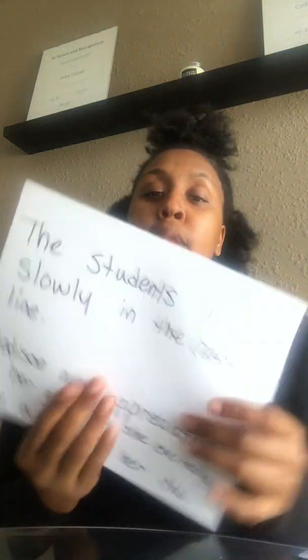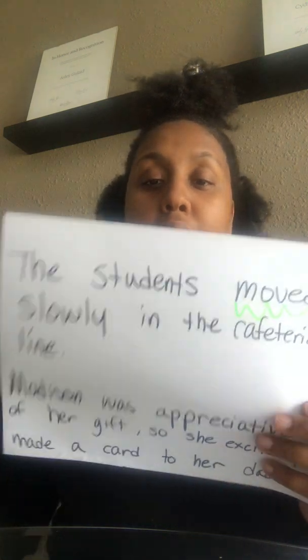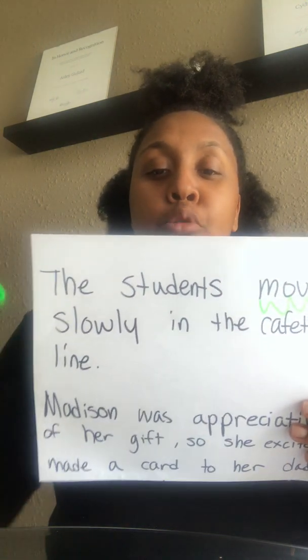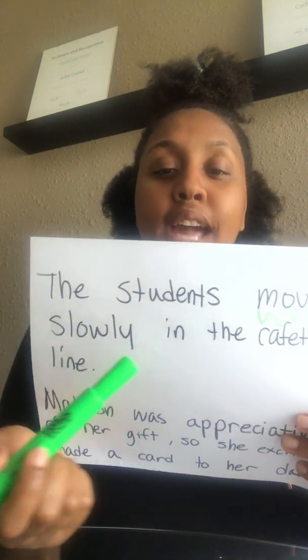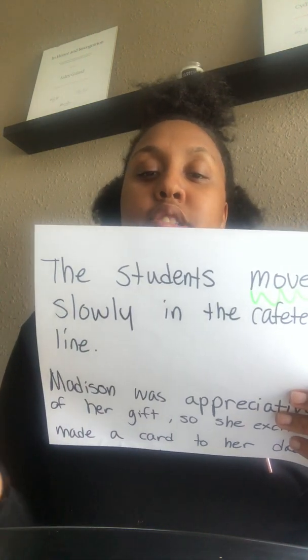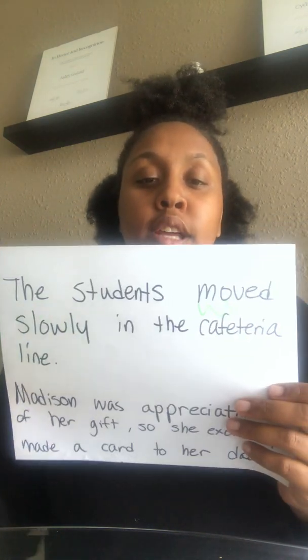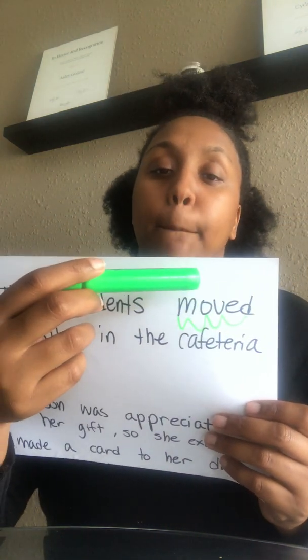Now, I'm looking for the adverb that's describing how the students moved. They moved slowly. And I can tell because it has that LY suffix at the end of slowly.